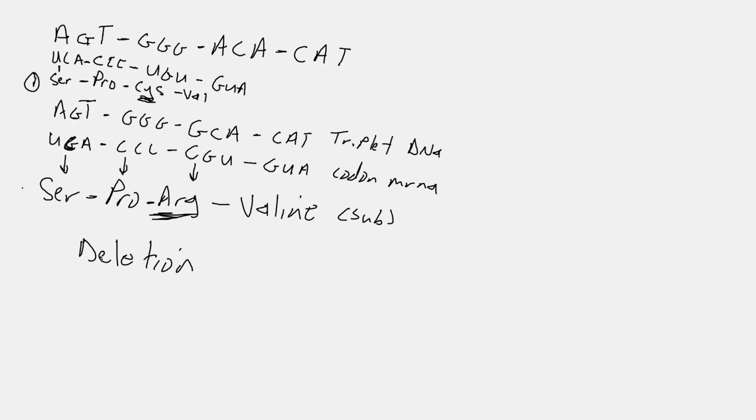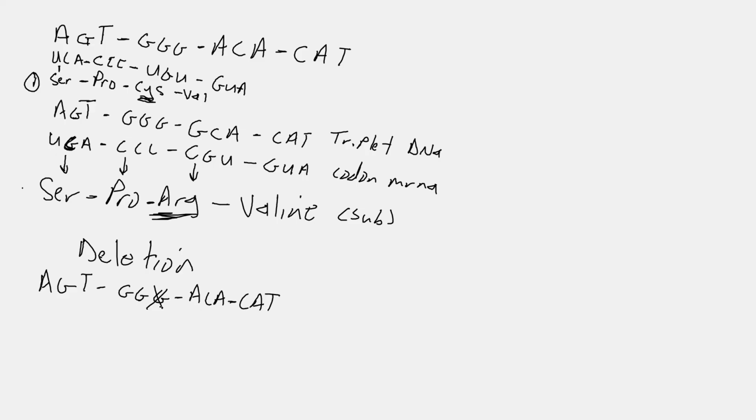So let's say we delete, okay. So we have AGT, GGG. Let's delete one of these G's. We have ACA and CAT.